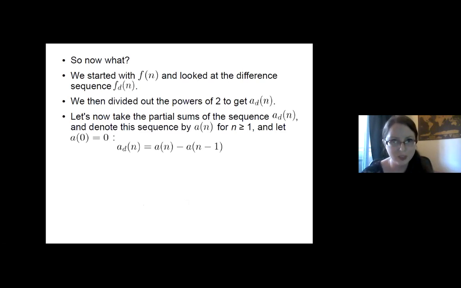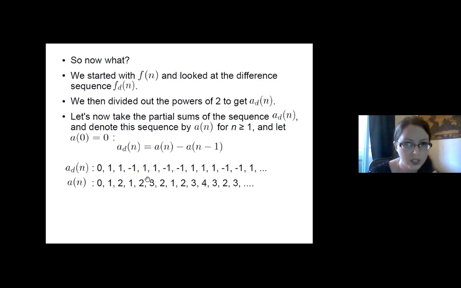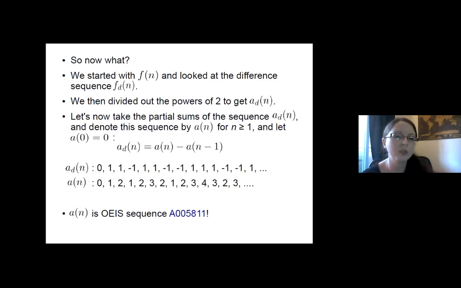Now we want to go back and take the partial sums of the sequence A sub d. So here is A sub d, our sequence of 1s and minus 1s. If we take the partial sums of this sequence, we get a new sequence that we're going to call A of n. And this is really analogous to the sequence we started with, but remember, it's a little bit different because we divided out those 2s along the way, but we're getting closer.